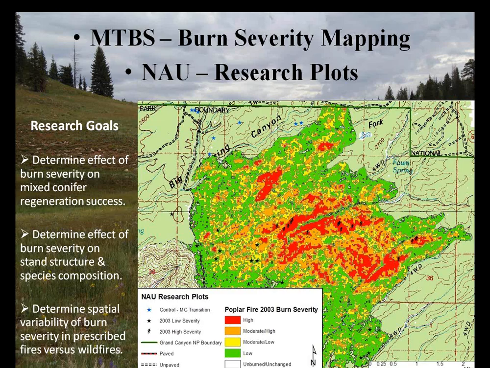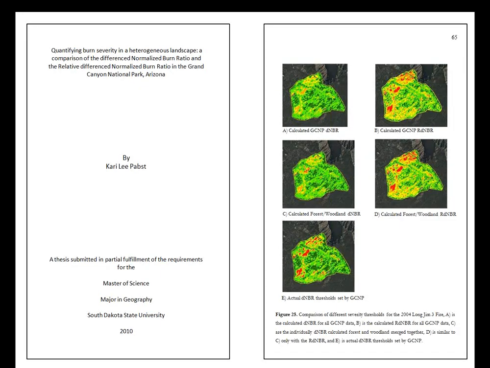Another project we worked on was with Kari Pabst, an MTBS person. She looked at using Grand Canyon data and the Warm fire data to compare two ways you can go about doing burn severity data. There's the DNBR methodology, and that's what we use, and then there's another way, called the RDNBR, the relative differenced normalized burn ratio.